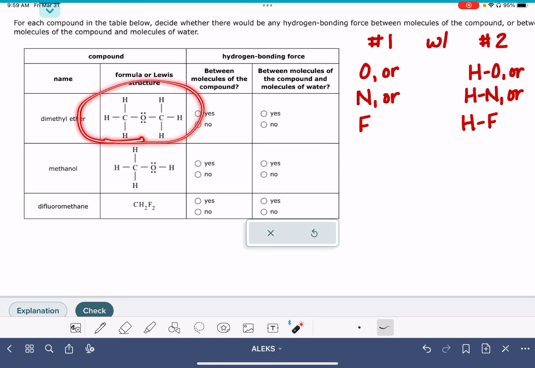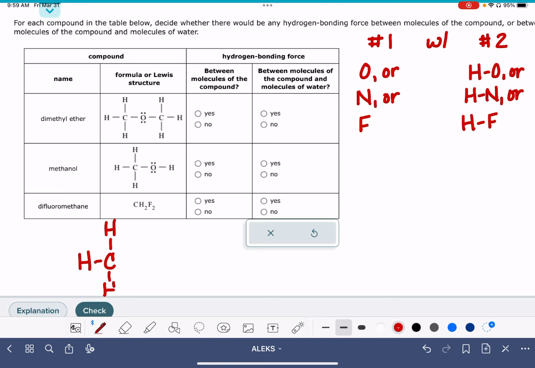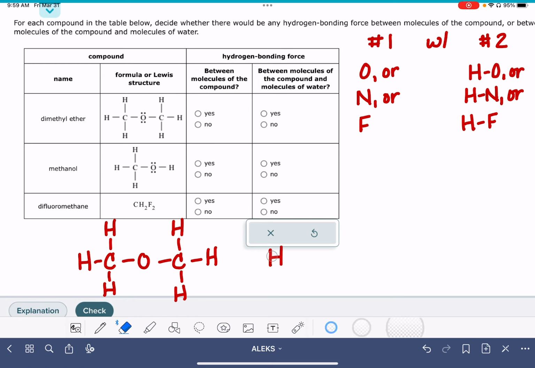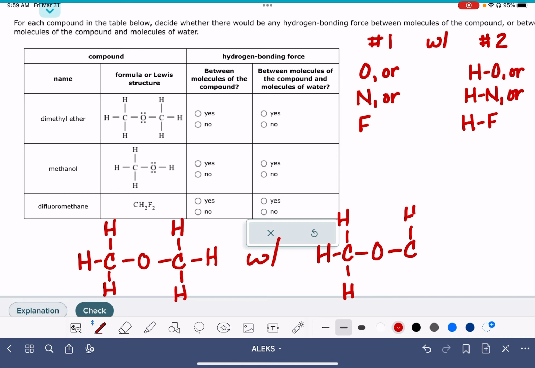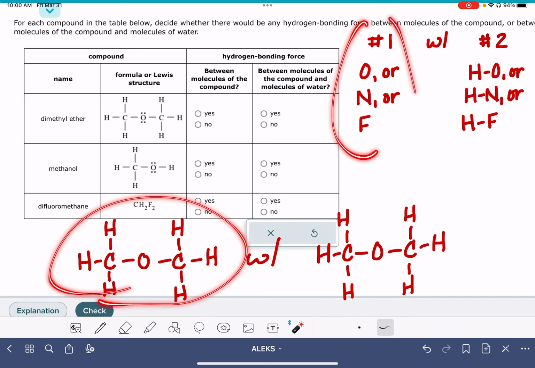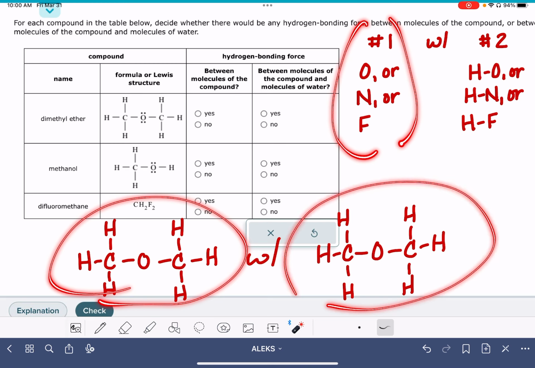So let's look at this molecule right here, and I'm actually going to draw it a little bit bigger, this dimethyl ether molecule. The first question is asking us, can this molecule hydrogen bond with another identical molecule? So we're considering, can these two molecules hydrogen bond with each other? In order for that to be possible, one of these molecules needs to meet the criteria for being molecule number 1, and the other needs to meet the criteria for being molecule number 2.